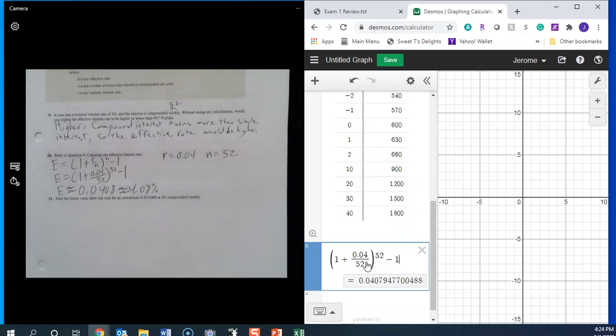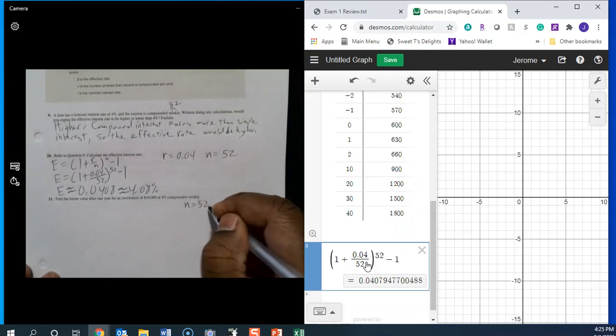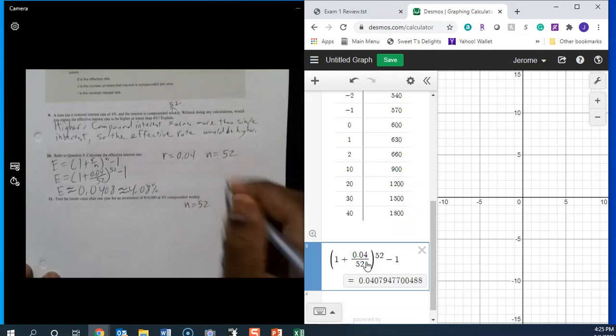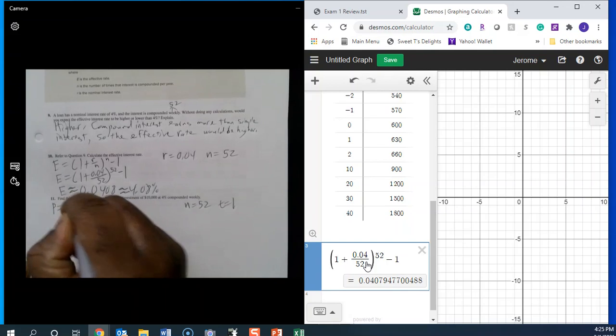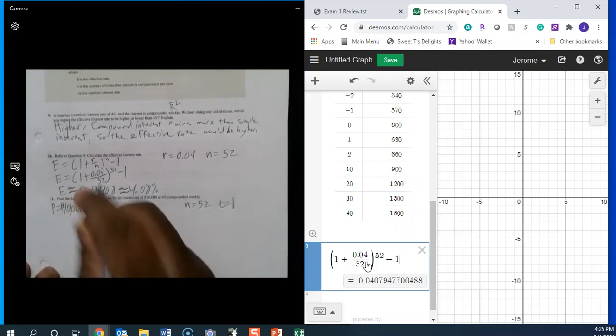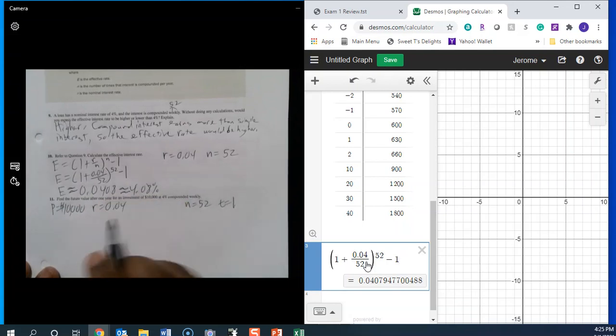Okay, number 11. Find the future value after 1 year for an investment of $10,000 at 4% compounded weekly. Now we know compounded weekly, your N would be 52. And your time, it just told you, is 1 year. So let's look at what we have here. We have the principal, which is 10,000. We have the rate, which is 0.04, from the previous problem.